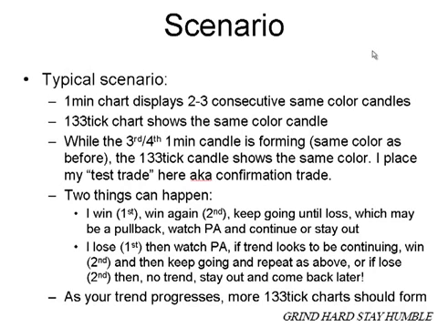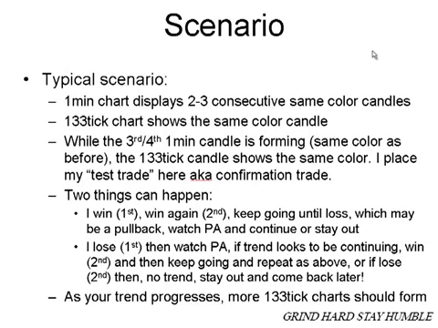So here's the typical scenario I'm generally looking for, if I'm using this strategy: 2 to 3 consecutive same color candles on the 1 minute chart, and the 133 tick chart showing the same color candle. The 2 to 3 is up to you. If you're aggressive, you can just trade the first one, but you need like 2 to 3 to determine the trend, and then if it's actually forming a trend, it's up to you.